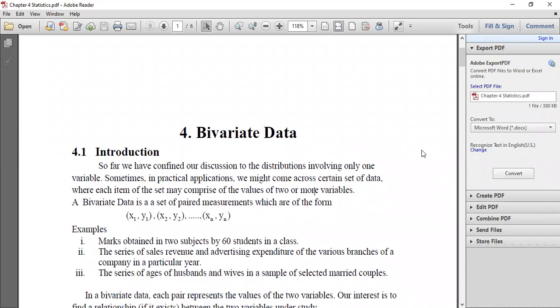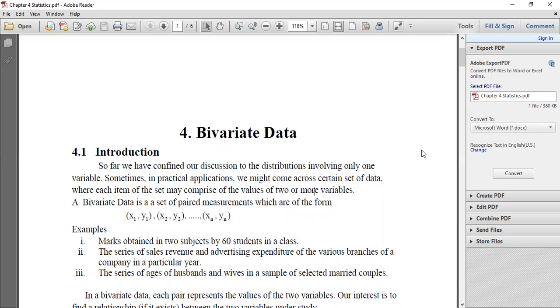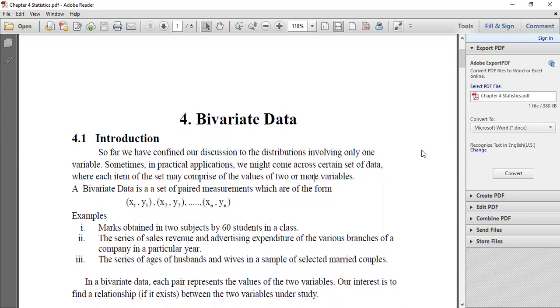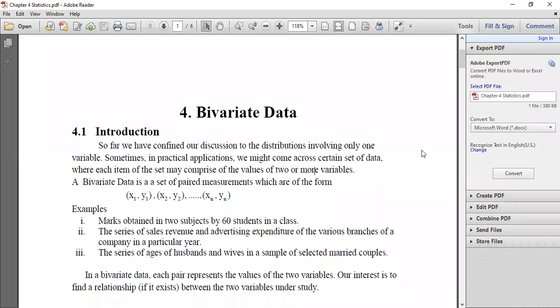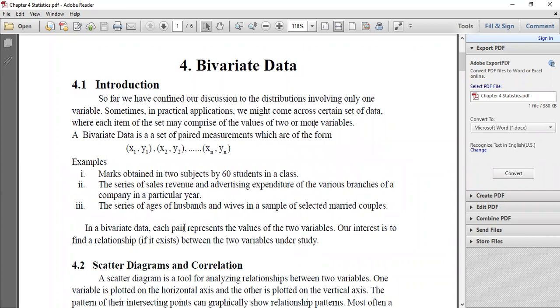So when you talk of sales revenue and the advertising expenditure, you want to see whether there is any relationship between these, whether once you increase the expenditure on advertising, that is going to bring you more revenue. Then the age of husband and wife, you want to see whether there is any relationship between these.